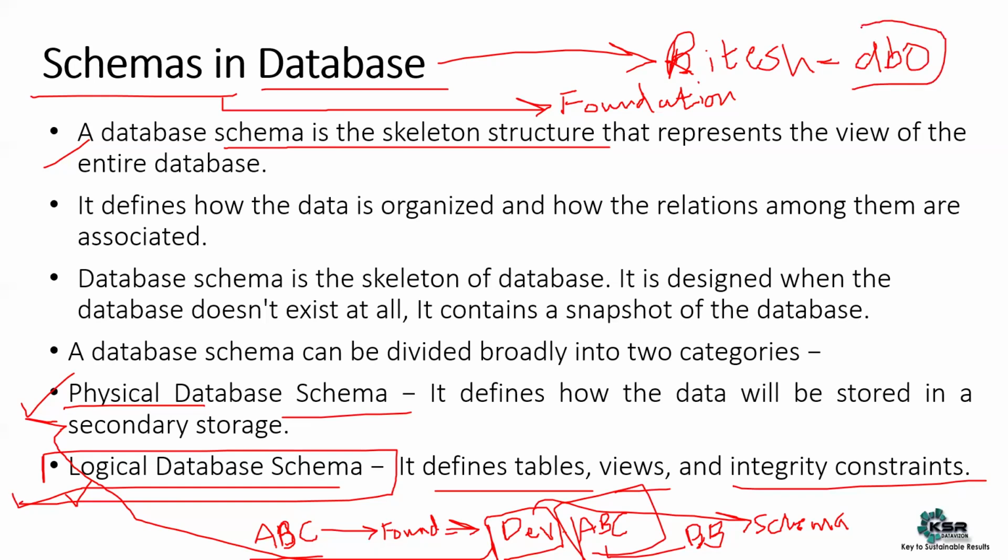DBO is the default schema available in any database. You can take any example of a database. If you are directly jumping and creating a database without any schema, without any foundation, still in the background it will create a default foundation called DBO. This DBO is nothing but your schema.